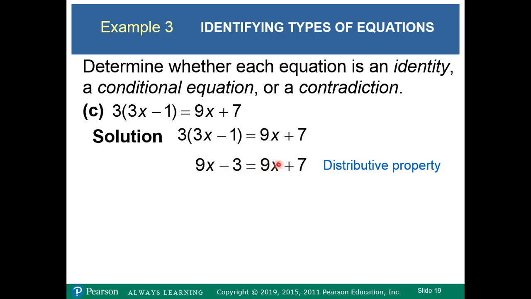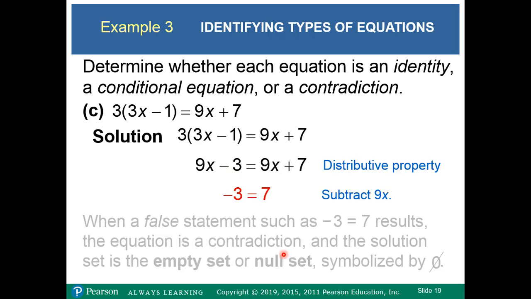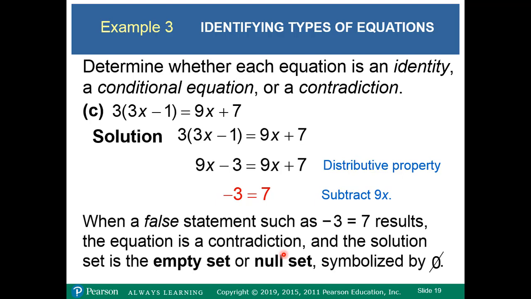But if we subtract 9x from both sides, we get -3 equals 7, which is never true. That's a false statement. So this is a contradiction. We would say that the solution set is the empty set, also called the null set, which is symbolized by a 0 with a slash through it.